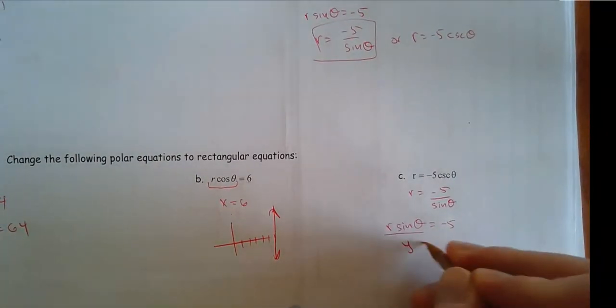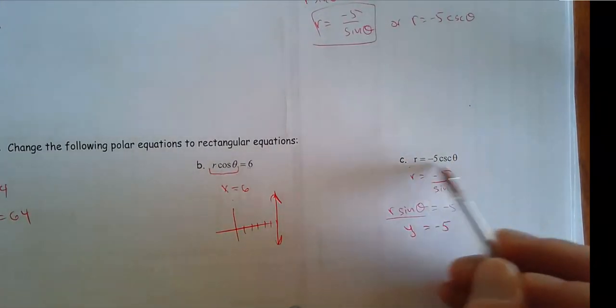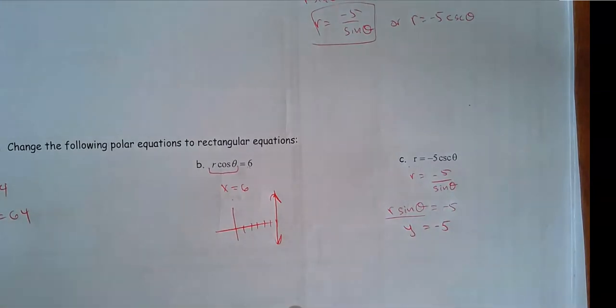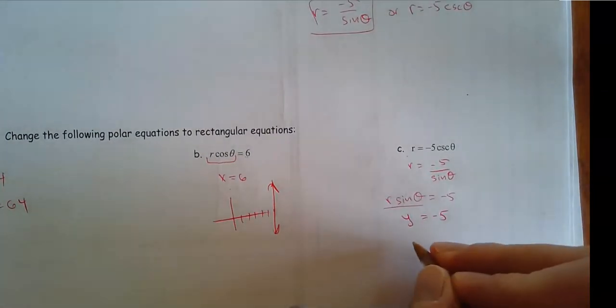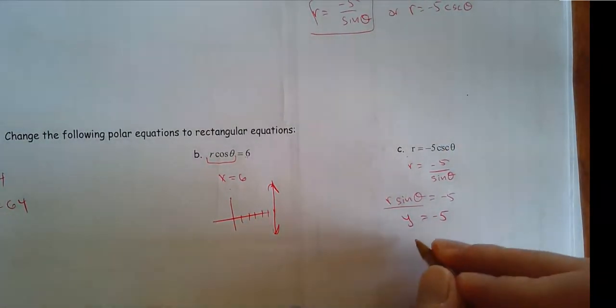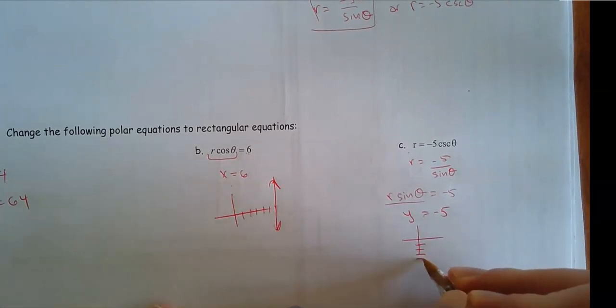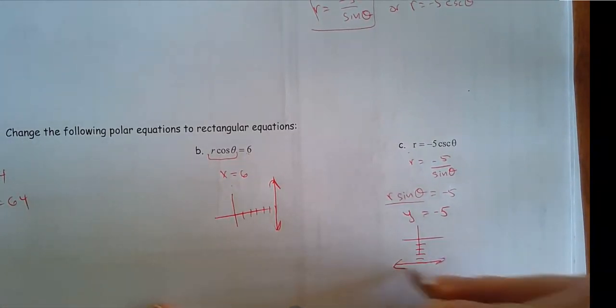So I'm going to replace that with a y. If you put this into Desmos and then put this into Desmos, it'll give you the exact same line. You can't do that on your calculator at the same time because one's in polar and one's in rectangular. In Desmos, it does it. So they're both going to give you a horizontal line 1, 2, 3, 4, 5 down like that.